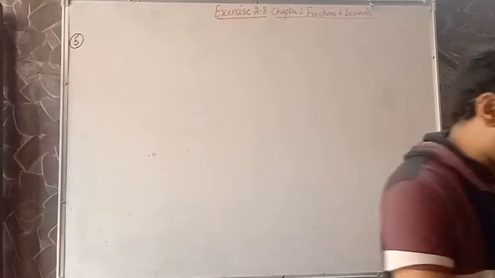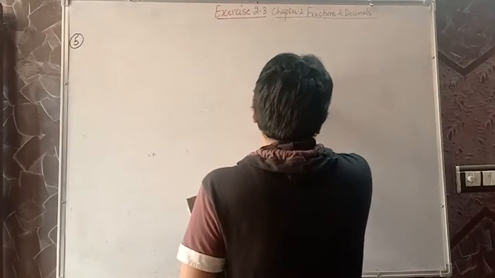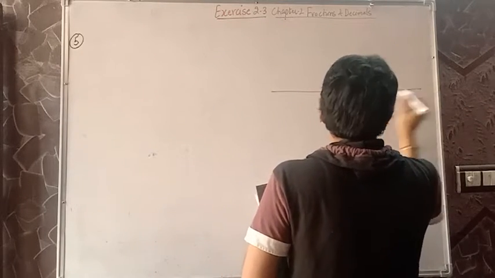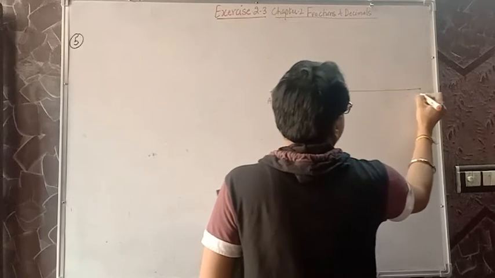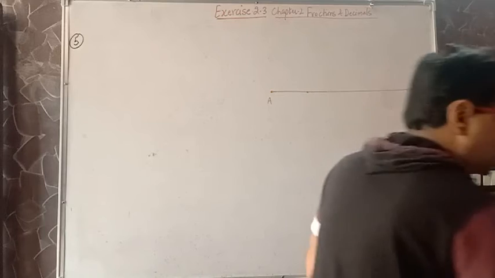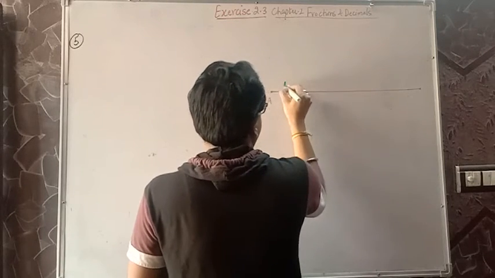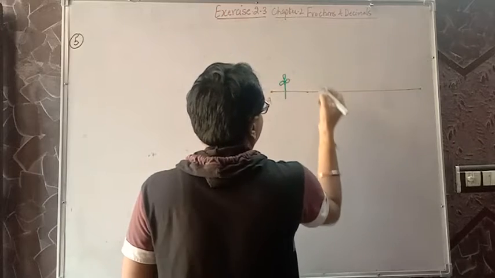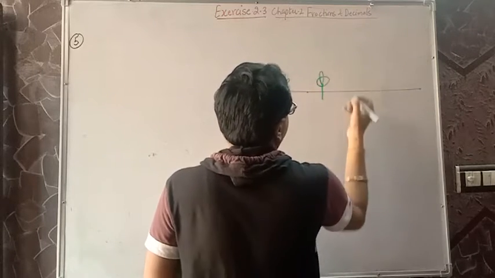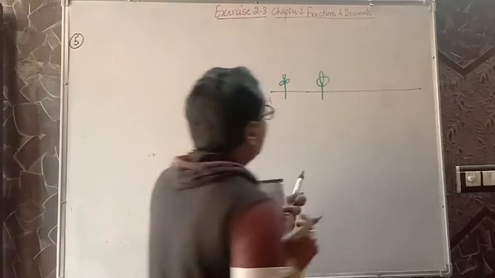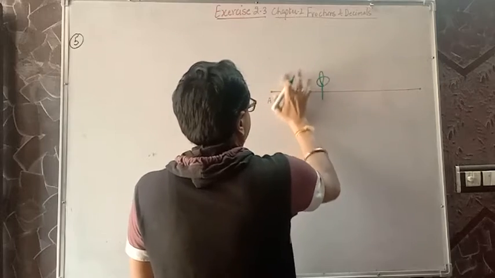So here it is given that we have a girl, Saili. She wants to plant 4 saplings. I'll take an example. She wants to plant 4 saplings, like, for example, this is one plant. Wait.